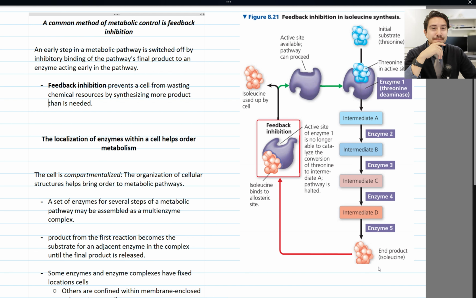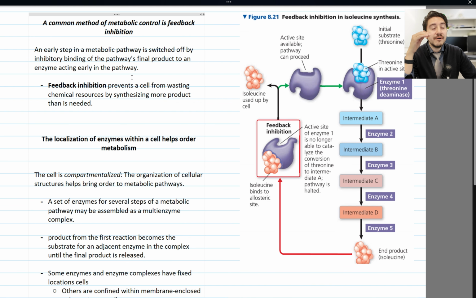As you get enough concentration of this isoleucine, it can actually work to stop the reaction from proceeding. This is called feedback inhibition.